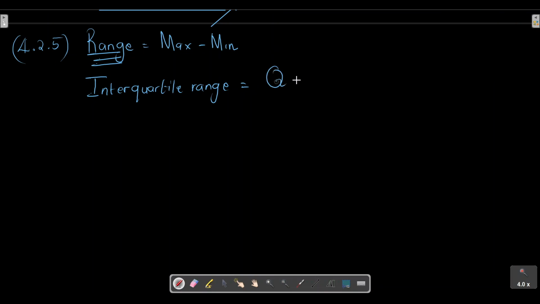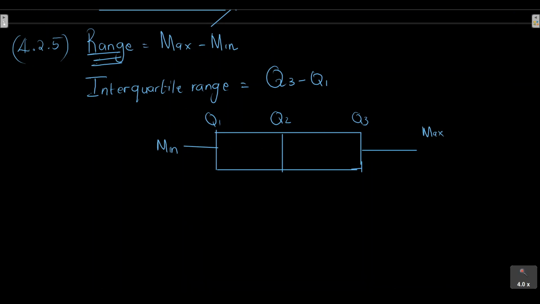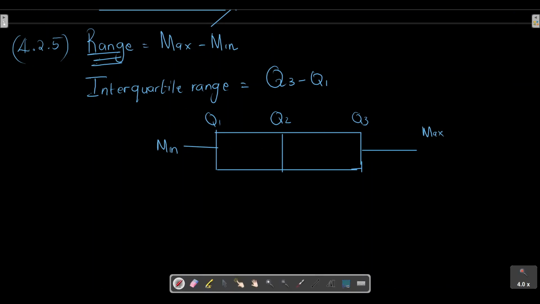So it's going to be Q3 minus Q1. Here we've got your Q2, here you've got your Q3, here you've got your Q1, here you'd have your minimum value, and here you'd have your maximum value. To get the interquartile range, you are determining the range for your quartiles.